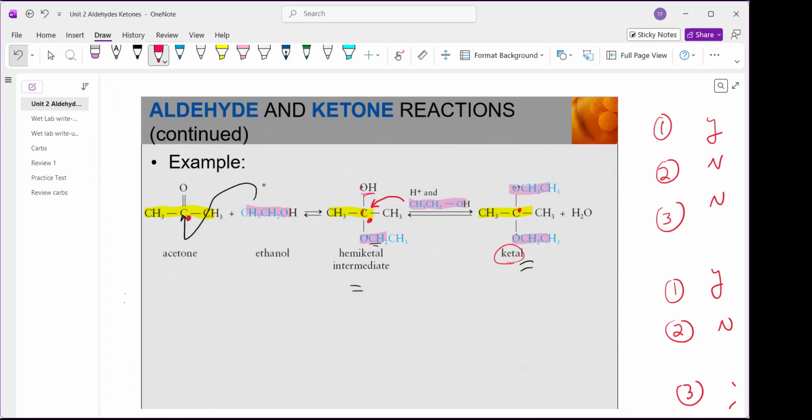And then we end up over here. Now, the difference between the two, the ketal and the acetal, has to do with the anomeric carbon. What's attached to the anomeric carbon? Is it another carbon or is it hydrogen? If it's hydrogen, that means you started with an aldehyde. If it's another carbon, that means you started with a ketone.